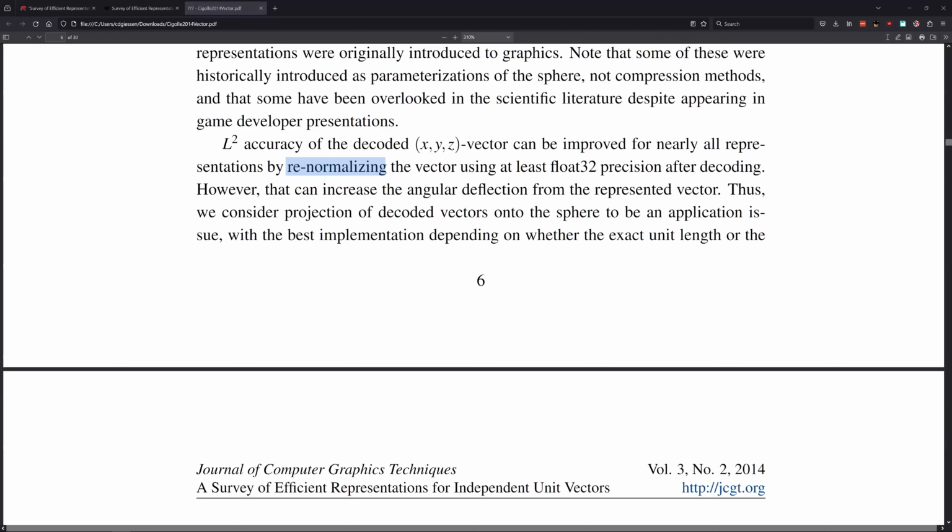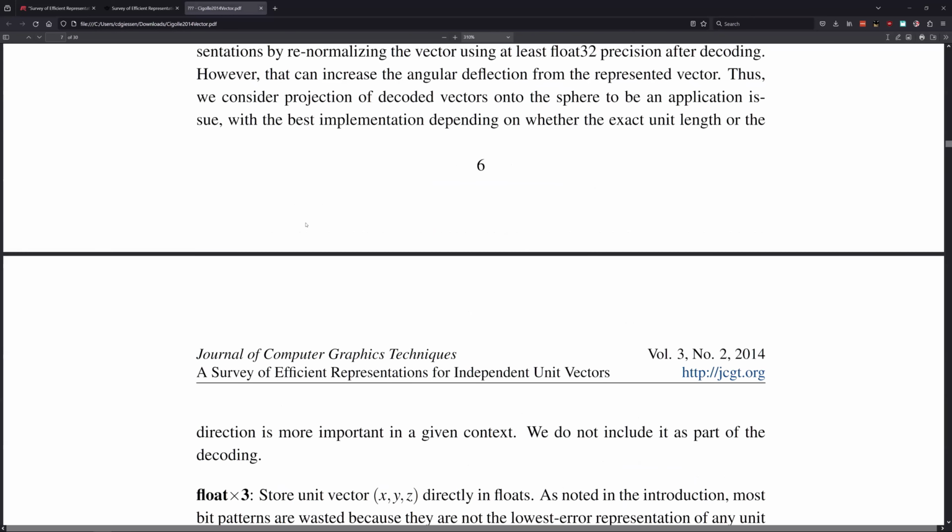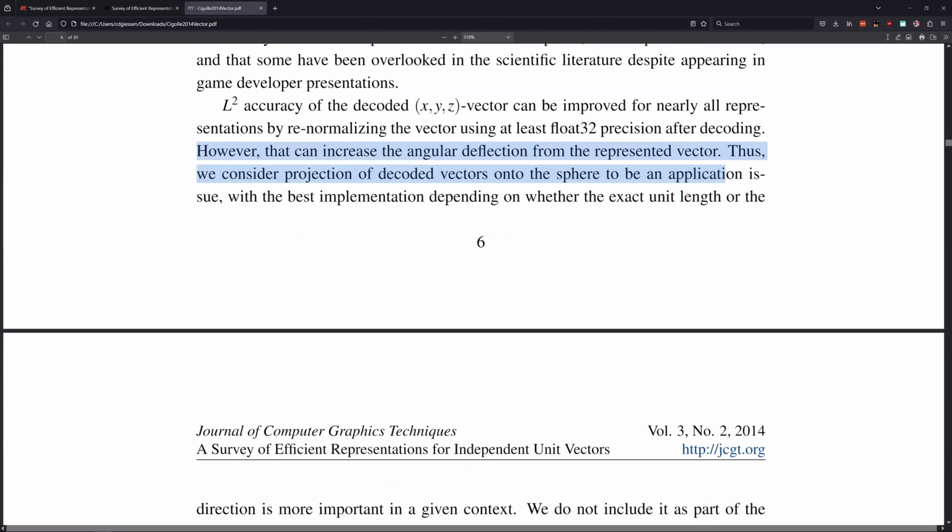So if you decode and it's not a unit vector, just due to the fact that it's less precision, they have to renormalize. Okay, that explains that. And of course, they're not really talking about it. They're just like, we're not going to be talking about it.